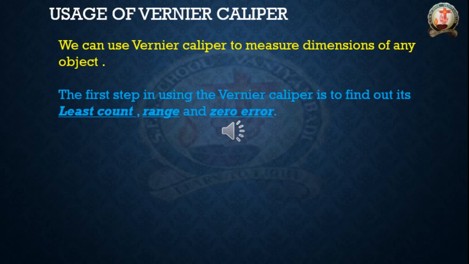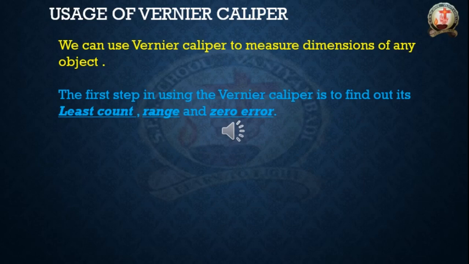So what is least count? Now we will see. Least count is nothing but the smallest length of the object that we can measure by the use of the vernier calipers.